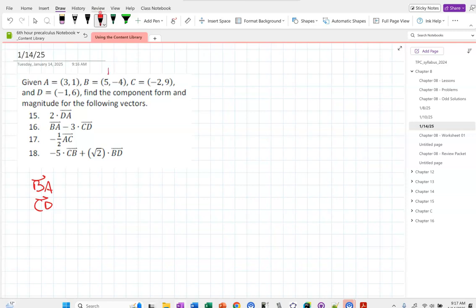So for BA, I can tell that B is the tail and A is the head.